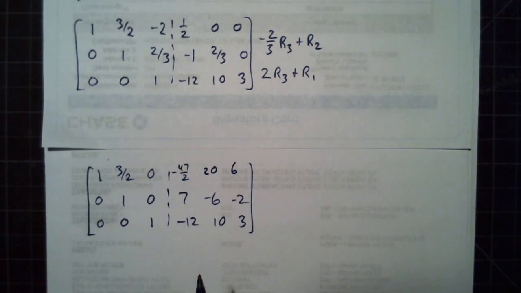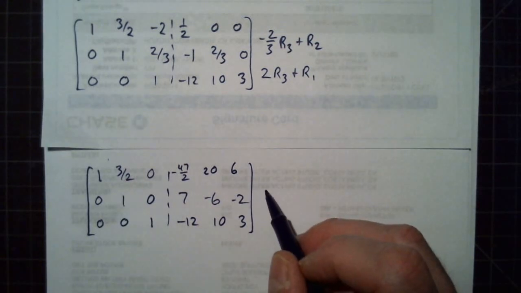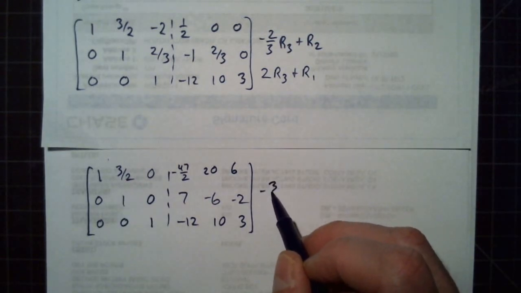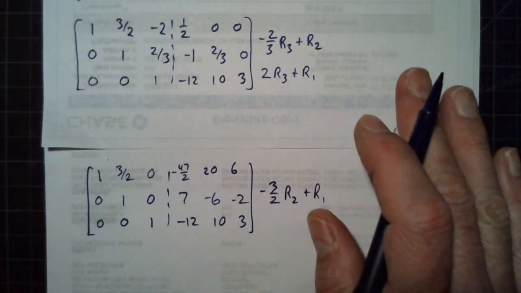The last step is to use this to make that a 0. So we have to multiply negative 3/2 row 2 plus row 1.